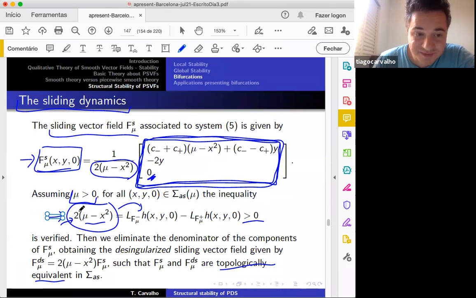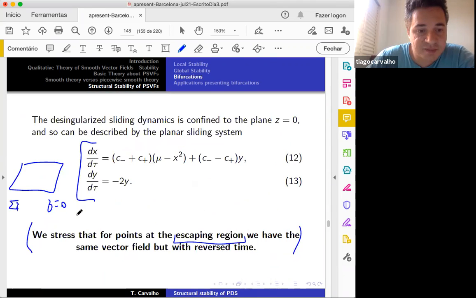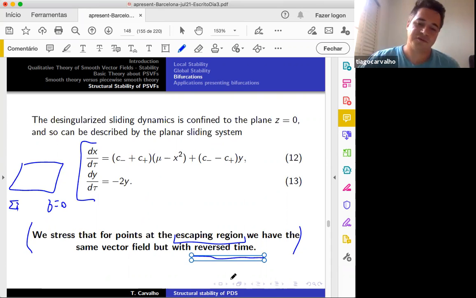So at the escaping region, the singularized sliding vector field has the same topological behavior as the sliding vector field, but reversing the time. This is an important remark here.